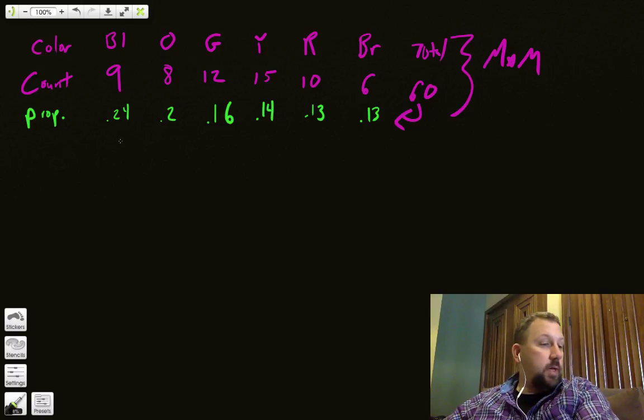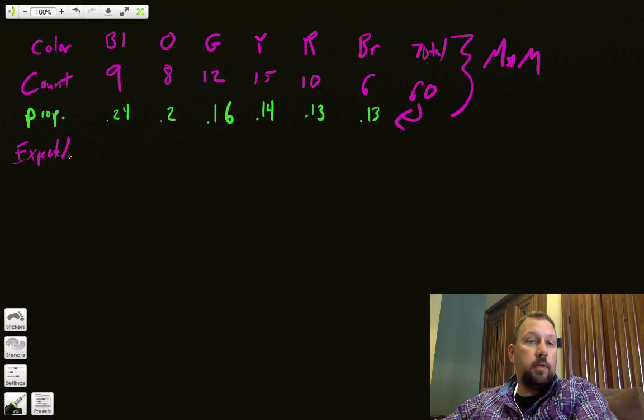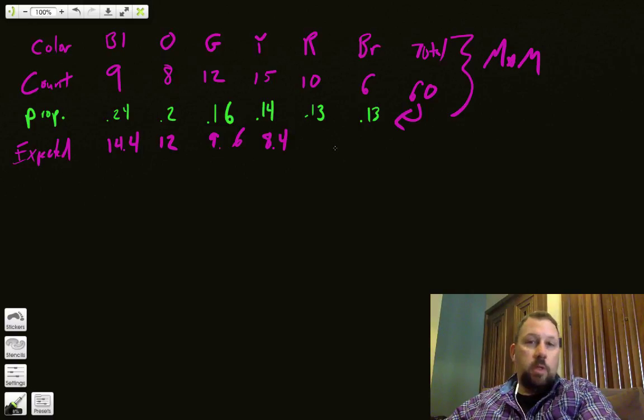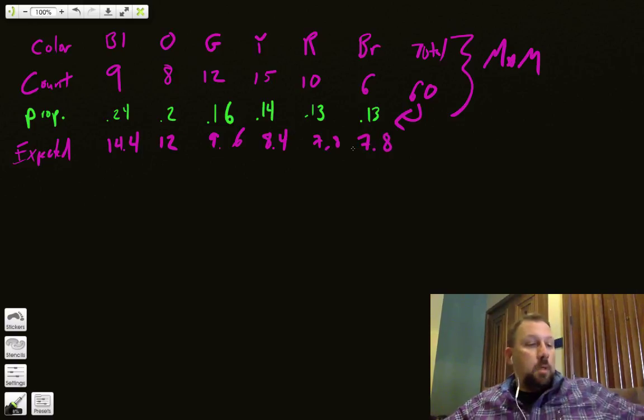If I do that, I will get an expected count of 14.4 for blue. So that's 0.24 times 60. I'm going to have 12 here. I'm going to have 9.6, 8.4. Reds should be 7.8. And then browns will also be 7.8 because they're both 13%.